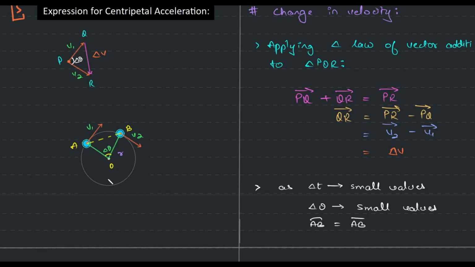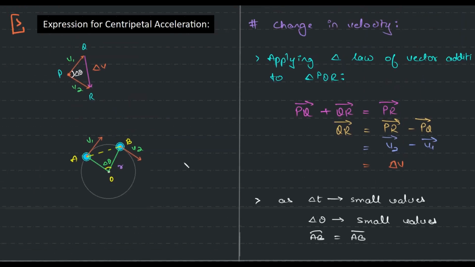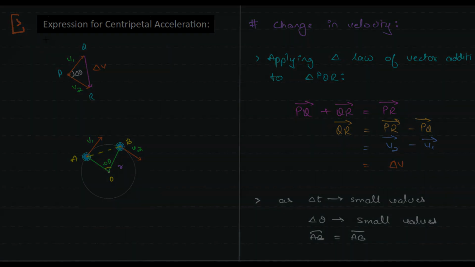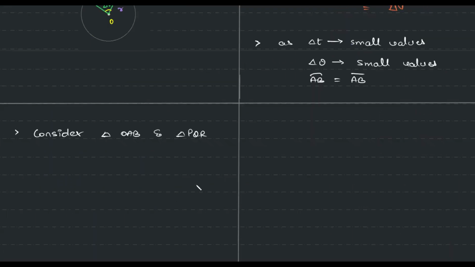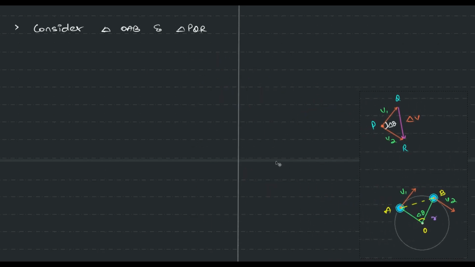Now let's consider these two triangles. It's triangle OAB and triangle PQR. It'll be too much back and forth. So what I will do is, I can take a copy of it over here. We'll erase this when we don't need it. Okay, now let's consider these two triangles. These two basically. So are they similar?